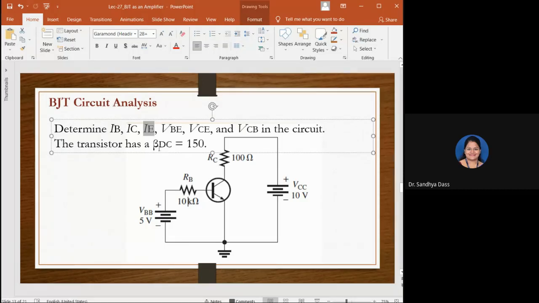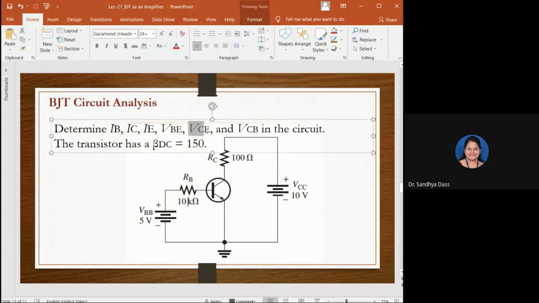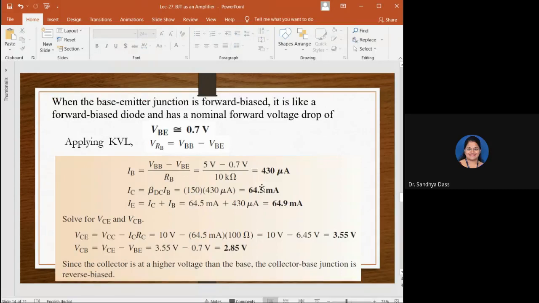Are you all with me? You have to follow, all right? You have to understand things and follow. Now to find VCE, apply KVL to this outer loop. VCE will be equal to VCC minus IC RC. Again, that is KVL there.